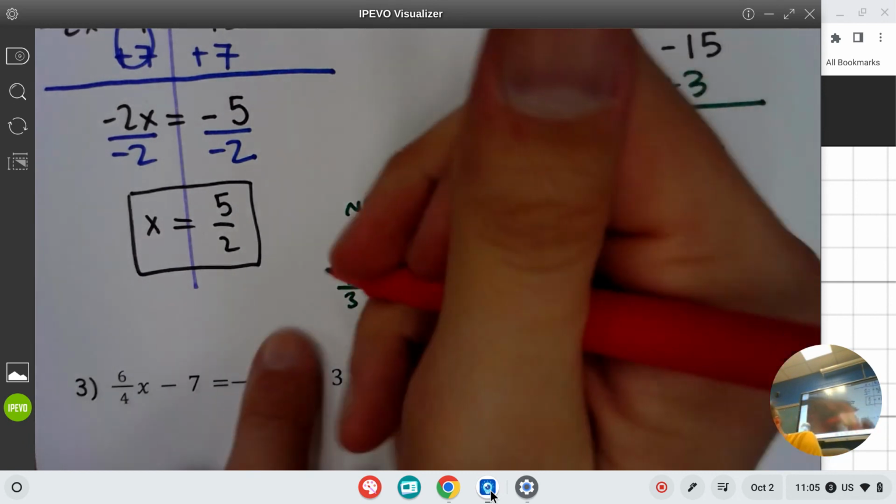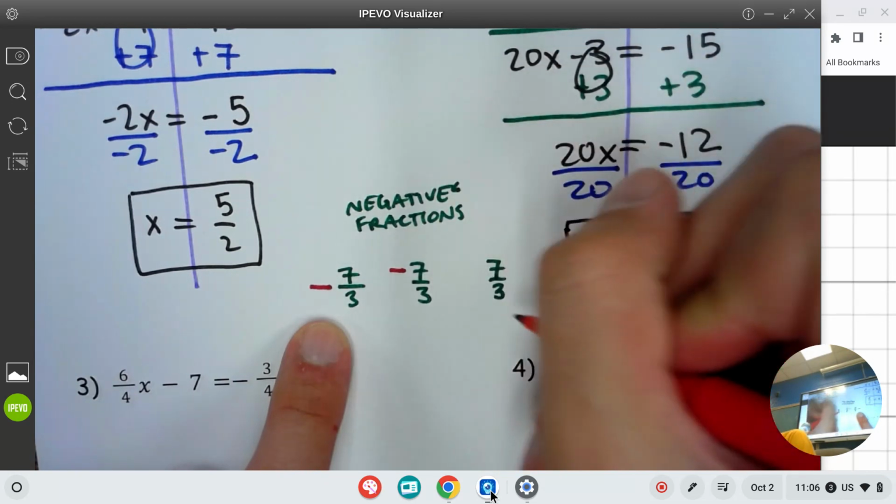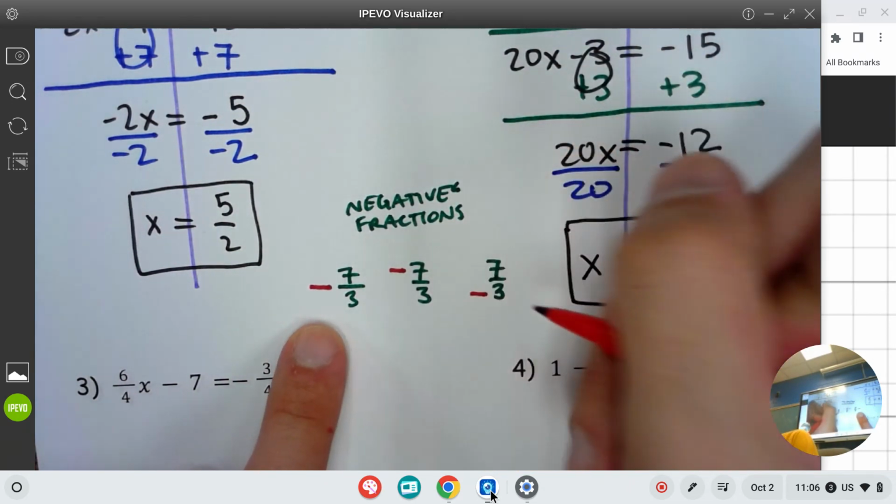Negative fractions sometimes look like this, sometimes like this, sometimes like this.